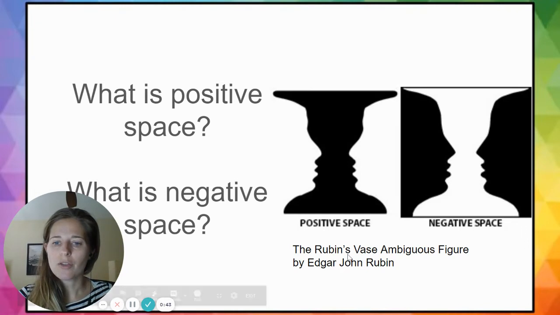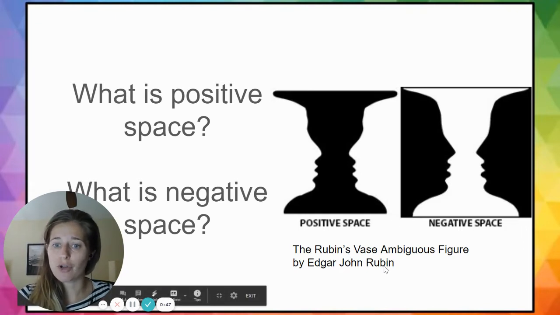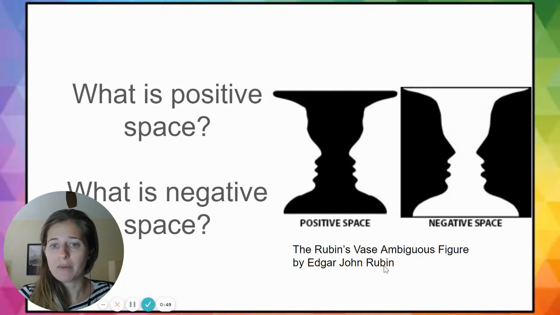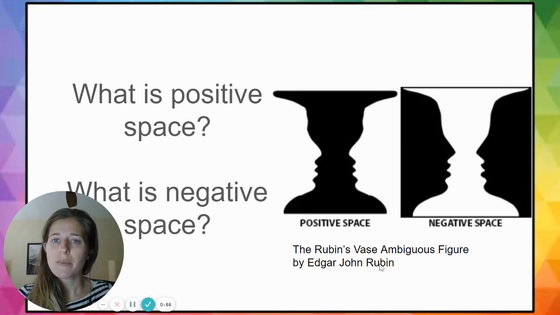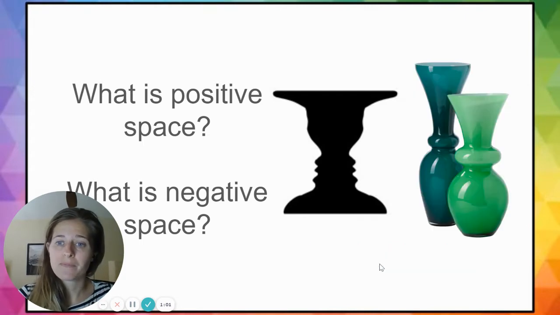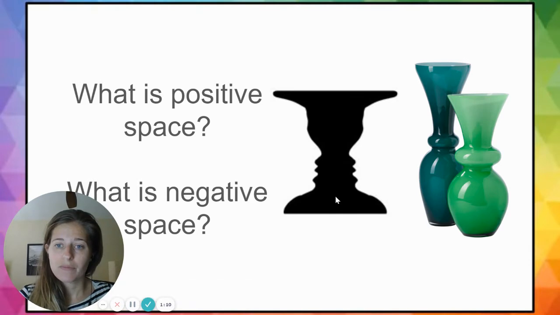Let's look at some other examples. These are the Rubin's vase ambiguous figure drawings by Edgar John Rubin. This is a very famous picture of either a vase or two faces. So depending on what you see first is what you determine to be the positive space or the negative space. If you see a vase, like this black area here, then you see that as the positive space.